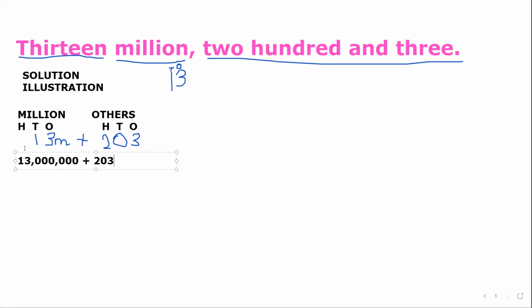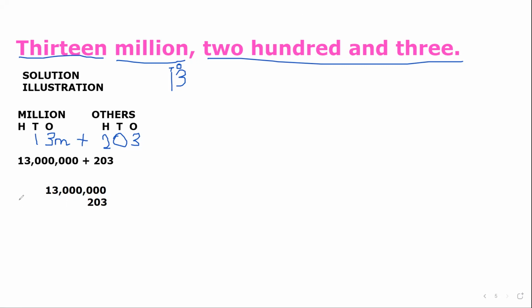Others possess no zero. So when you're adding, make sure that you start from the back. So the 13 and the 6 zeros, plus, then you start recording from the back. So here that will be 203. Okay, good.